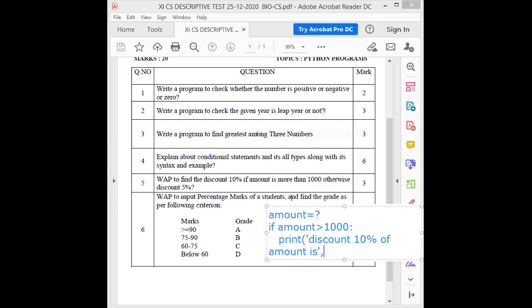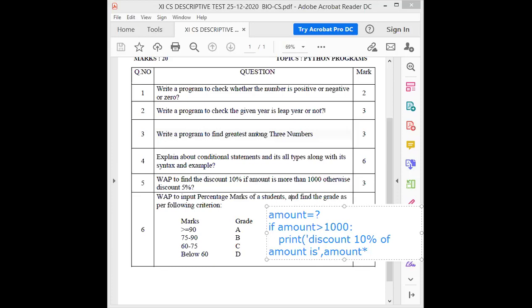Students, 10% of 2000 is 200, so 1800 is the amount after discount. If you want the discount amount, it is 200. So how to calculate the discount: amount into 10 by 100.